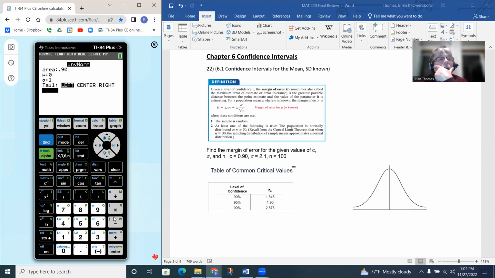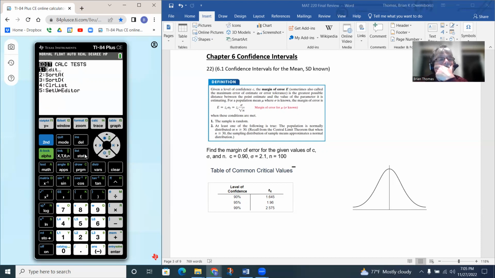And then left tail, we're going to get, that ain't right. Take that back. We got 1.645, which is what I should have come up with. So I did something wrong there. I'll try that again.